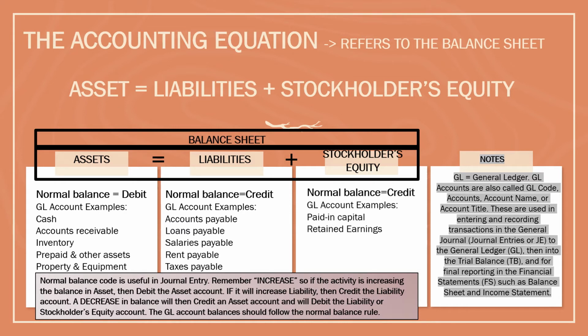Next is stockholders' equity. So what comprises our stockholders' equity? Examples are paid in capital and retained earnings. In stockholders' equity, obviously we use that for a corporation, right? But if you're a sole proprietor and you have an initial investment, you have your capital.